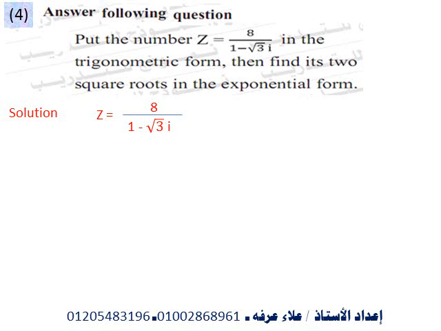We multiply by the conjugate, we can get z equals 2 plus 2 root 3 i.